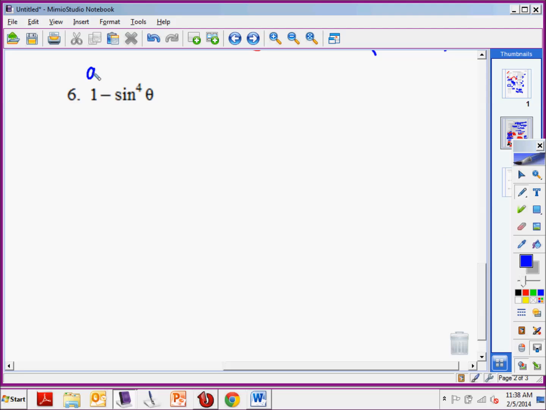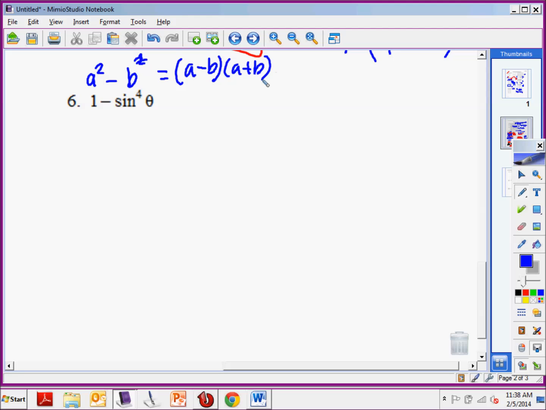Don't you have a squared minus b squared? Can I take the square root of 1? Can I take the square root of sine to the 4th? So I have that, which means it can break down to, I just have to figure out what a and b are. So how do I find a and b?